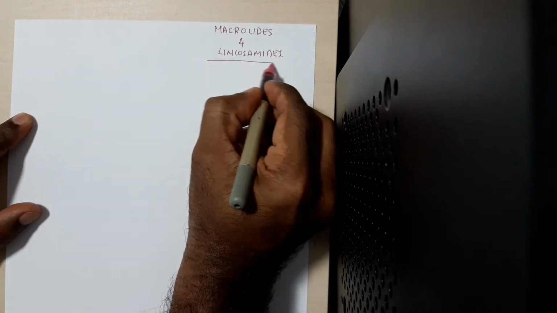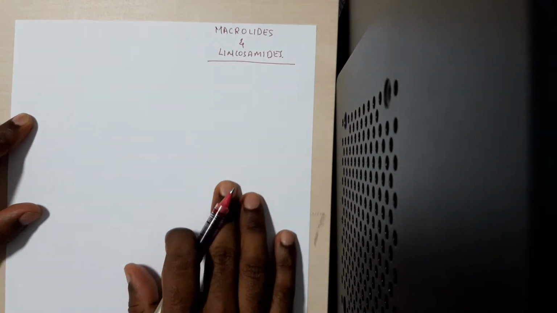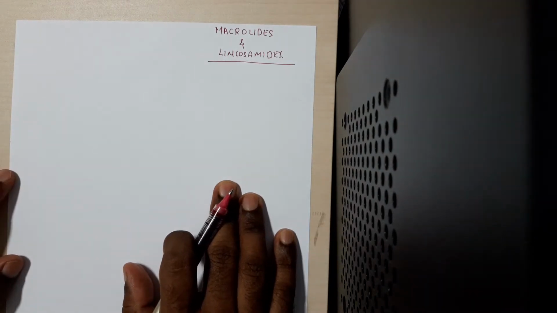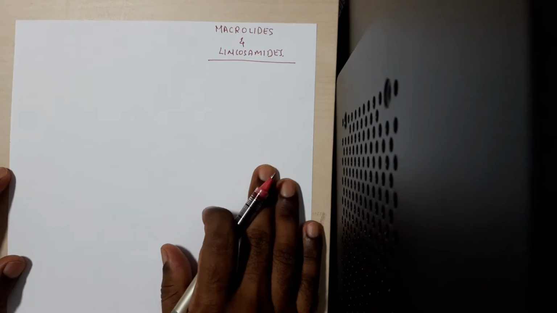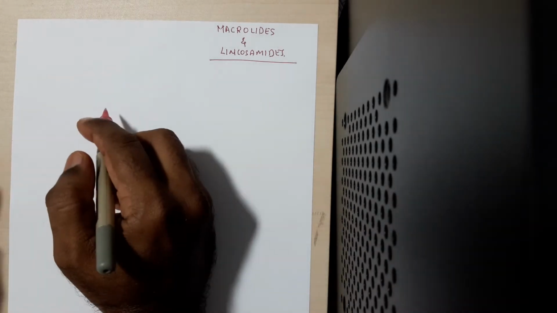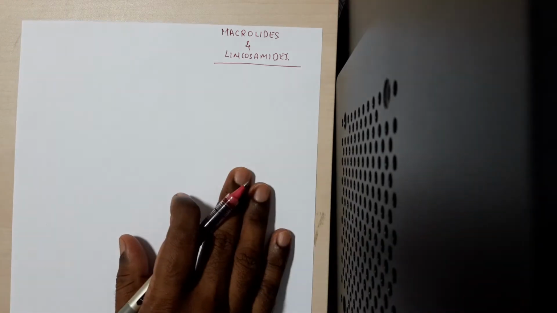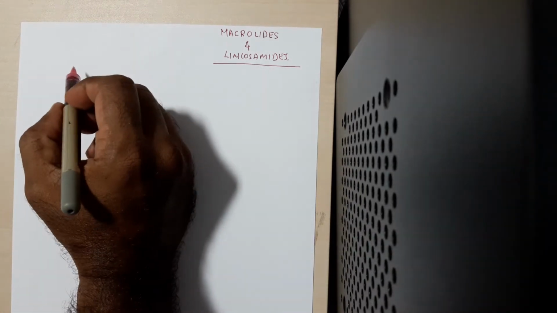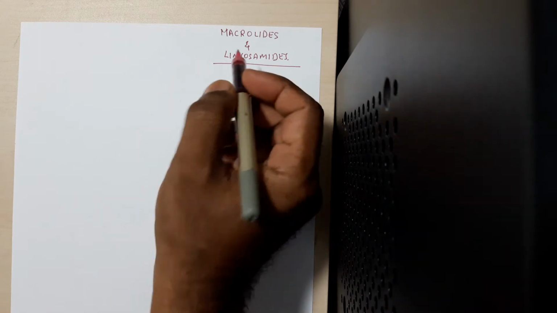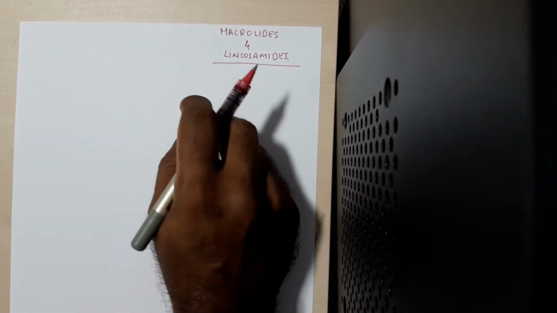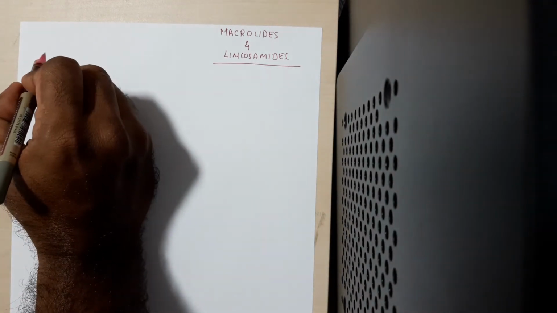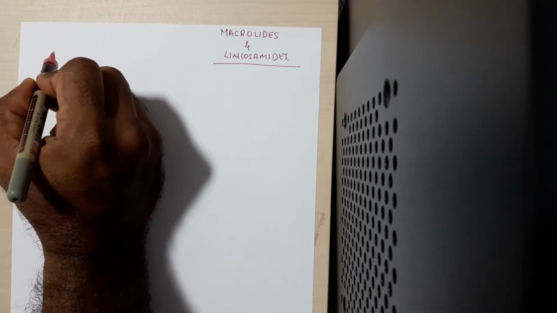Before starting macrolides and lincosamides, I want to brush up the mechanism of action of inhibition of protein synthesis by these groups of drugs. So we'll see how the protein synthesis is inhibited.